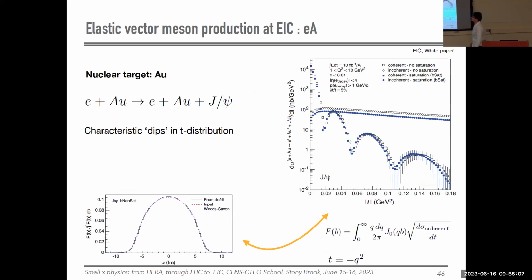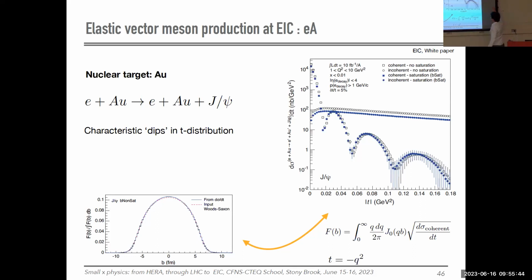And finally, you can do the same thing with nuclei. Now this scale changed. This is a nucleus, so this is very small t, and then you start seeing dips in this distribution. Again, by taking into account this curve, you can Fourier transform and obtain a profile in impact parameter.